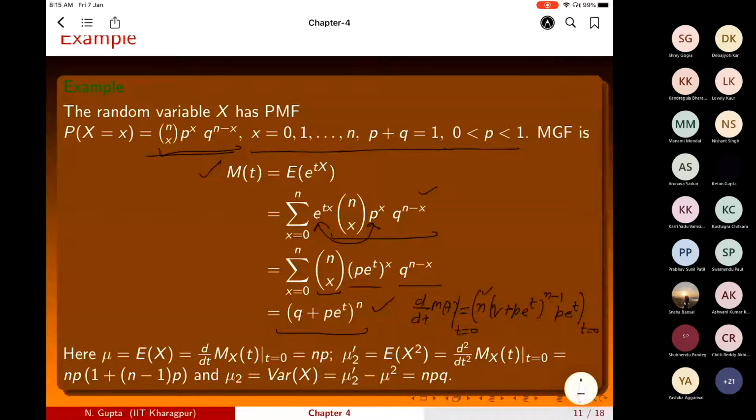We will get n q plus p e raised to power 0, that means q plus p raised to power n minus 1, but that will be 1, into p e raised to power 0. So that will be np. Similarly, for the expected value of x square, taking the second derivative and putting t equal to 0, we will get np into 1 plus n minus 1 into p. And the variance of x will be the expected value of x square minus the expected value of x whole square. So that will be npq. So in this fashion, we can find the mean and variance of the binomial distribution using the moment generating function.